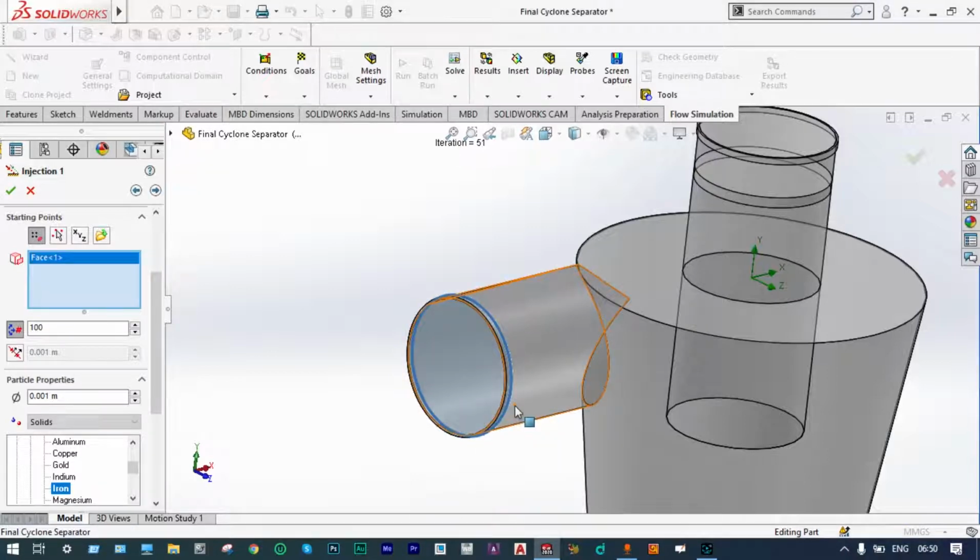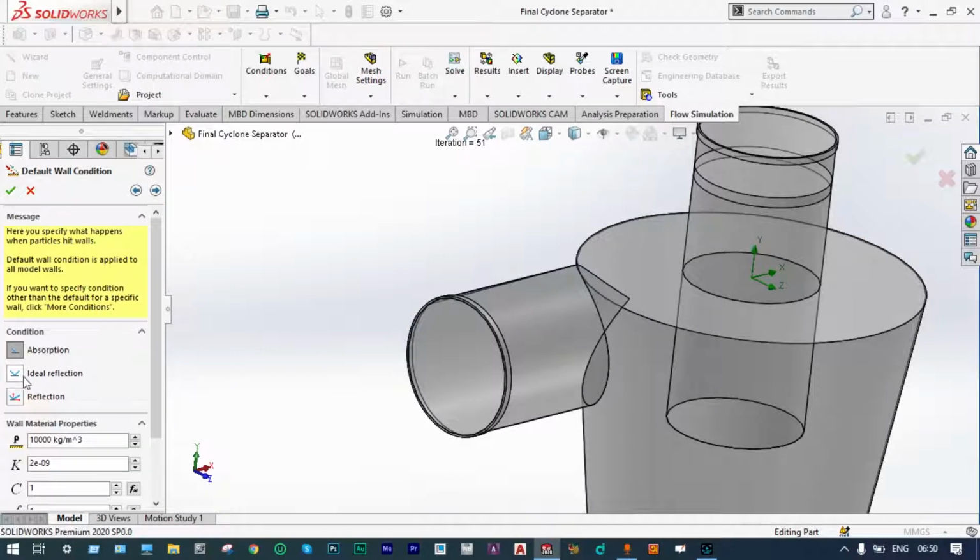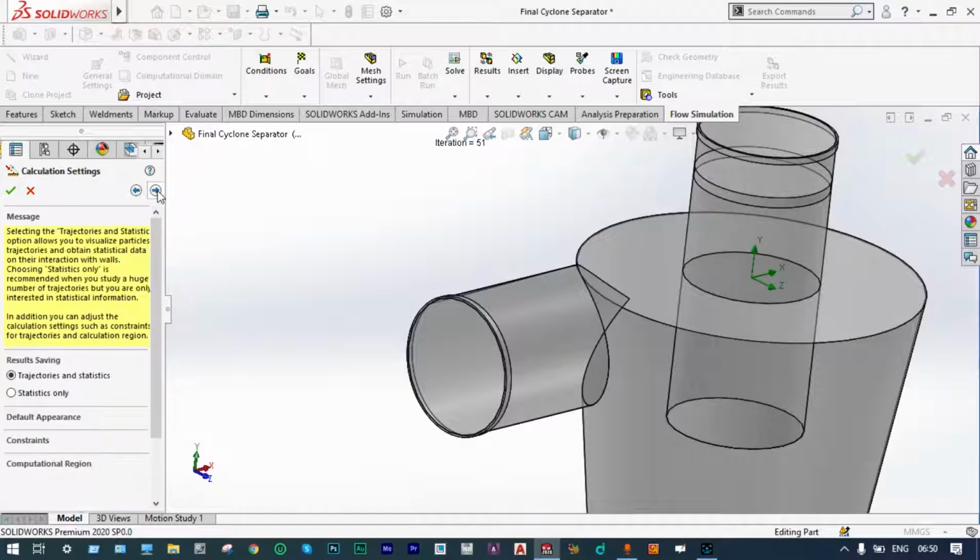This is lead number 1 selected. Next to that, we have to select both erosion and accretion. Next, it will be ideal reflections at the wall. Next, we have to see trajectories and statistics as a post-processing part.